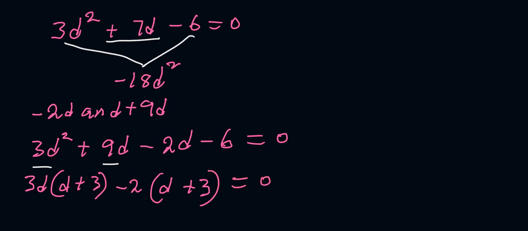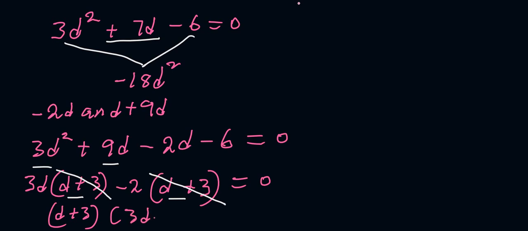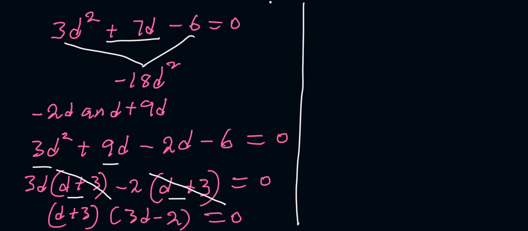So you can see that in the parentheses, we have common value d plus 3, d plus 3. So we can write it out as d plus 3 in parentheses. And by the time we try to cancel this from here and this from here, you see that we are left with just 3d negative 2 equal 0. So at this point, we can set both of them to 0.